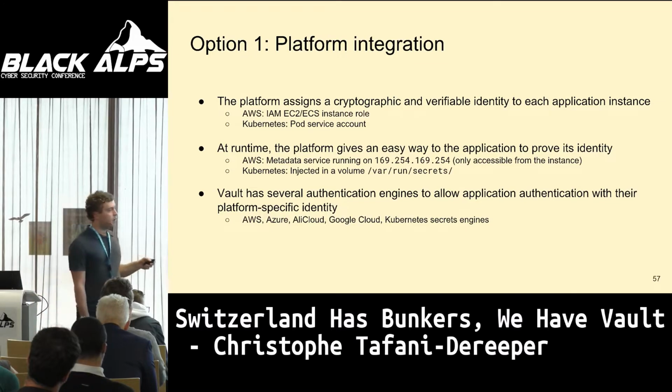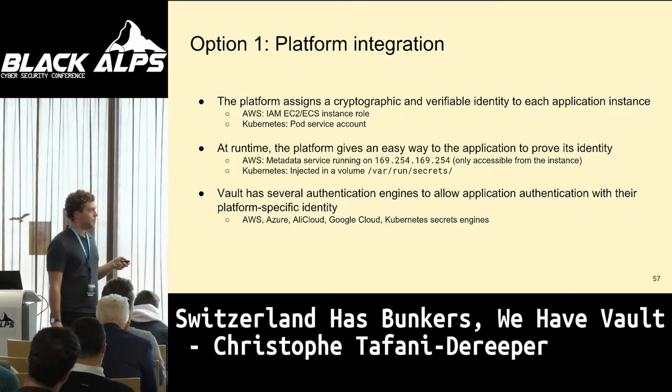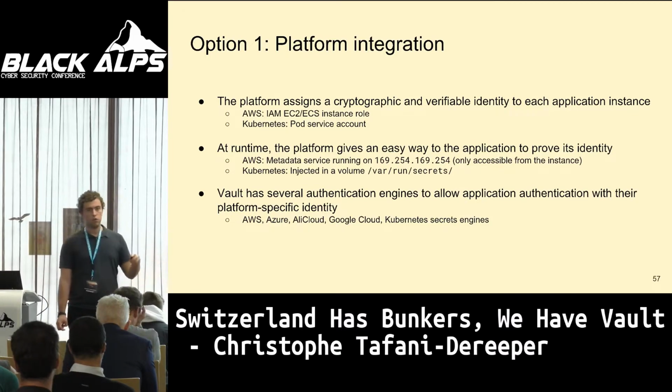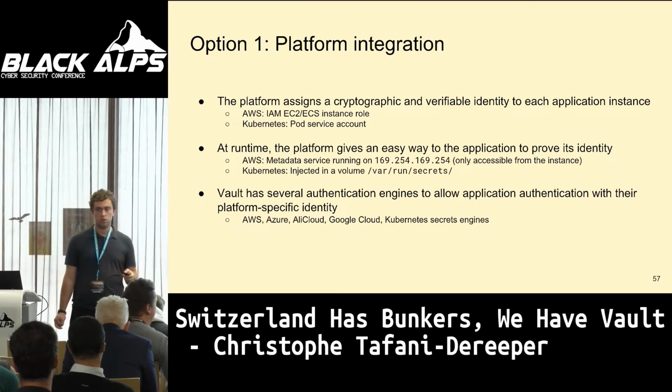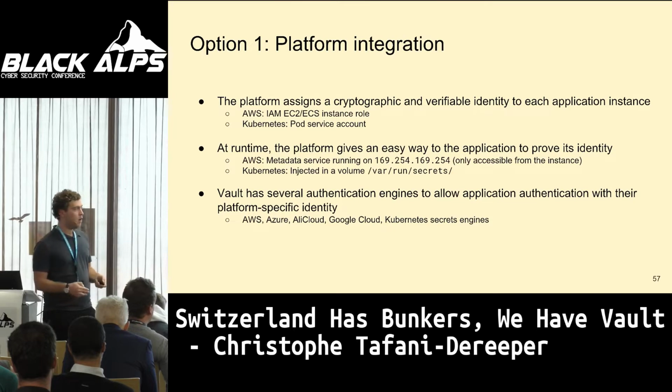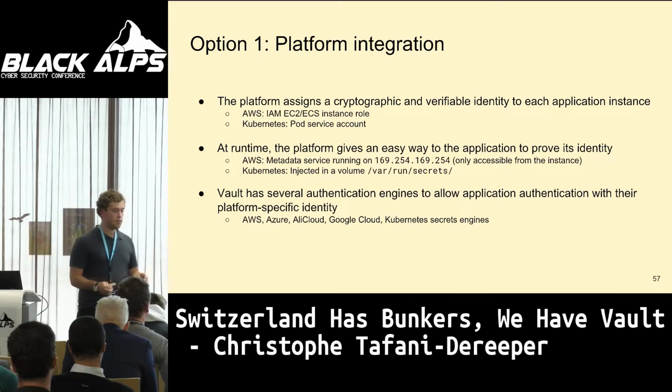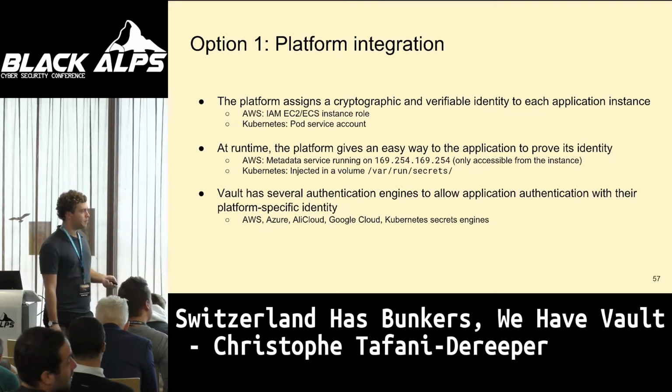the container. So the point here is that some platforms like AWS, Google Cloud, Azure, Kubernetes, and probably some other ones give a way for applications to prove their identity in an easy and secure way, because the platform says that this is maybe the credit card application which runs this certain version of the application.